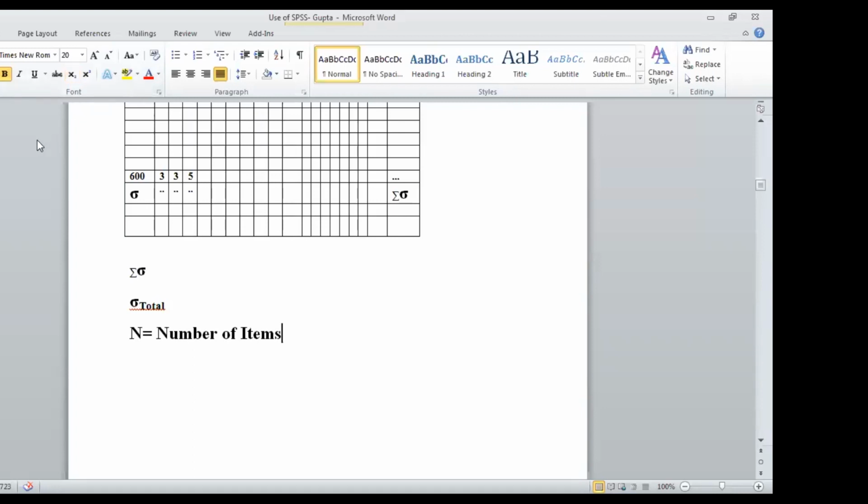And then you can find out the value of the alpha.